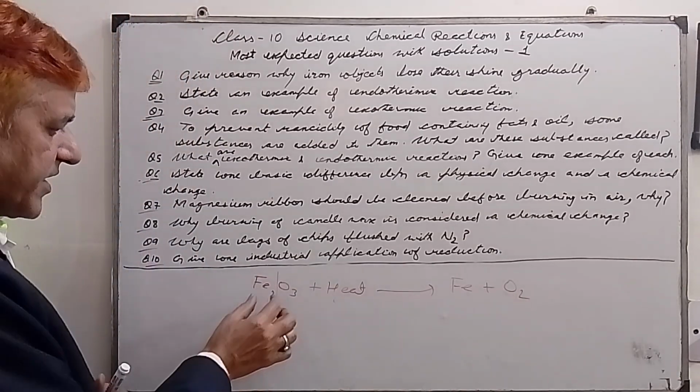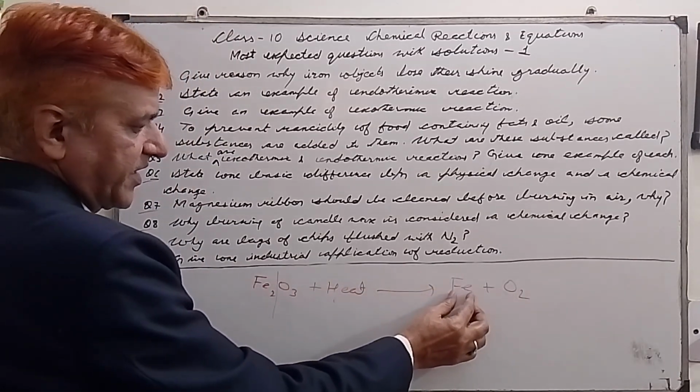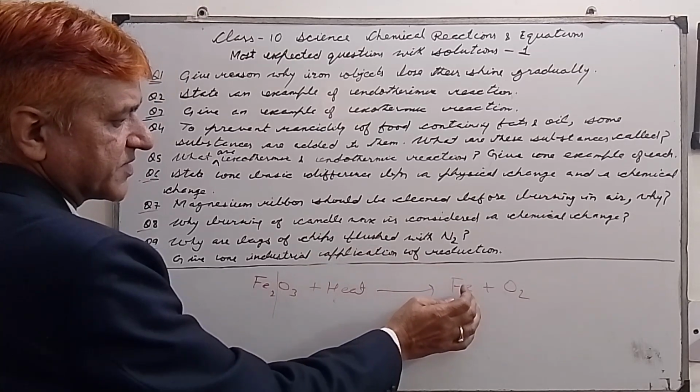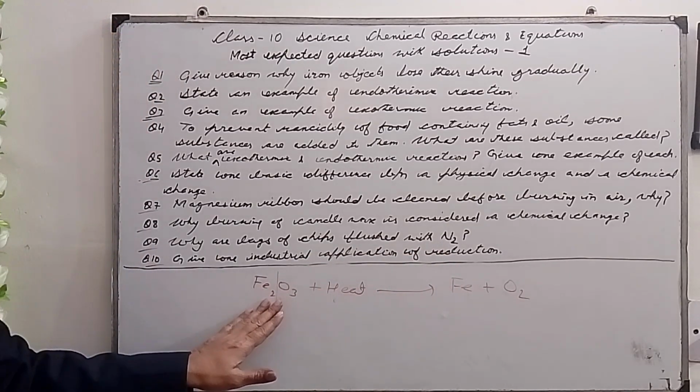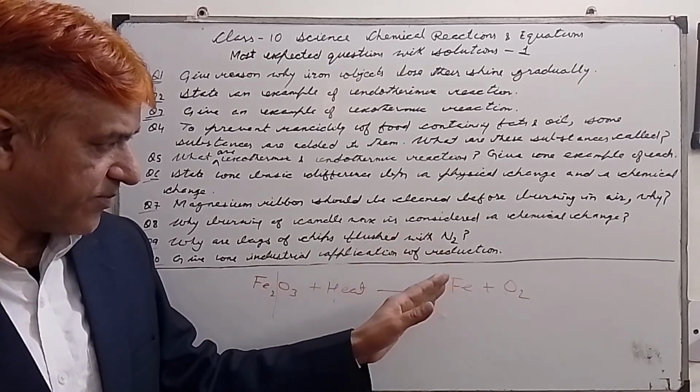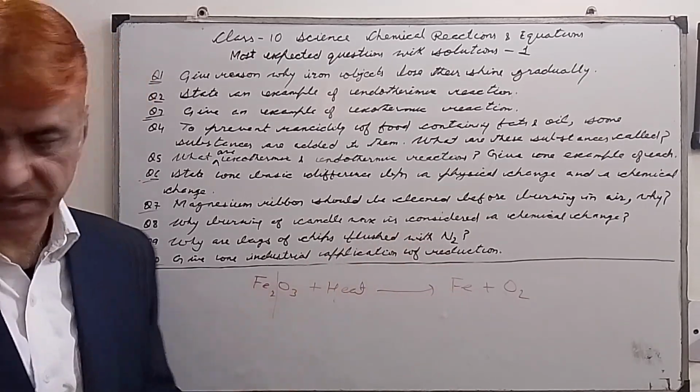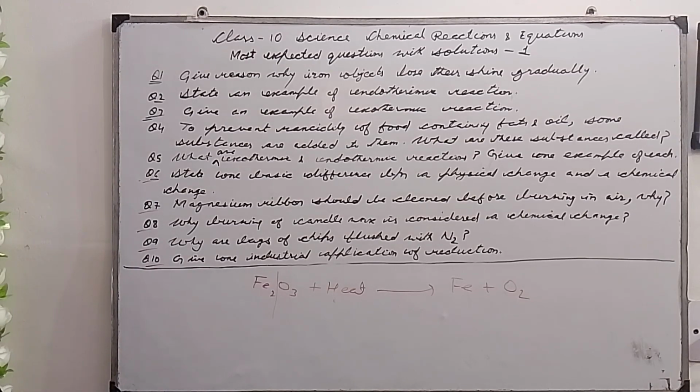So here we had iron oxide and here we have iron. So removal of oxygen is reduction. This reaction we use in industries to get metals separated from their oxides. So this is the application of reduction.